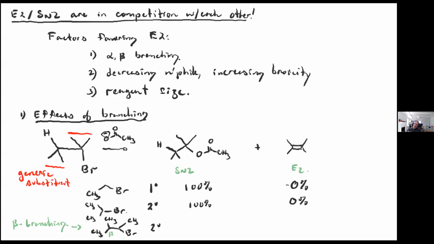When we were talking about beta substitution, we were using a primary substrate, and we said if you take ethyl bromide and iteratively replace each of those beta hydrogens with a methyl group, you slow down the rate of substitution. When you replace with three methyl groups, you have what we call a neopentyl system, and those, even though they're primary, don't do any substitution reactions. So it's the same scenario here. We're taking a secondary substrate and bulking it up at the beta position, and so the rate of substitution is going to decrease.